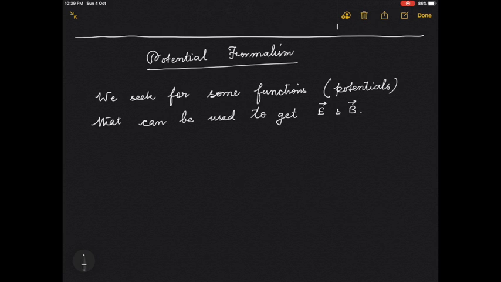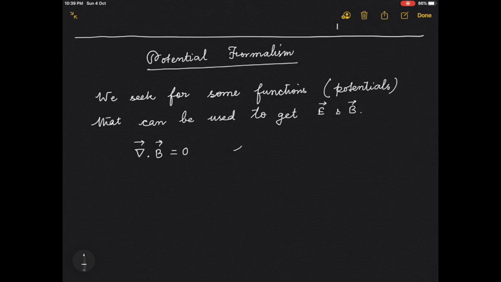And the clue is very clear. So how do I set these functions? Well, these functions can be scalars, these functions can be vectors, we really do not know. But to start with, we know that divergence of B equals 0, and I use my knowledge of vector calculus.